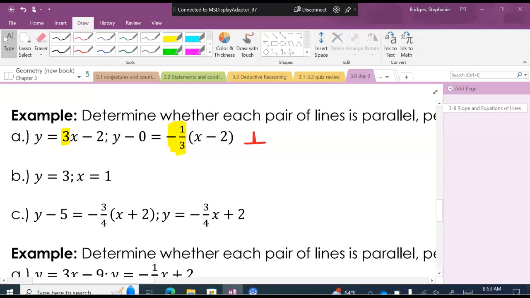They are reciprocal, but are they opposite signs? No. So they would be neither. They have to have both opposite signs and reciprocal.